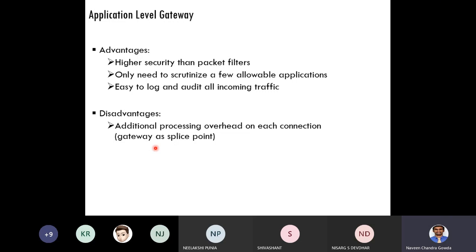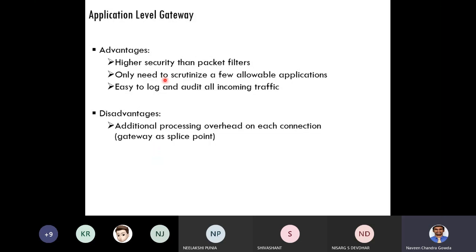So if you want to apply this application level firewall in the gateway, you will be increasing the functionality of that gateway. That's the disadvantage of this application level firewall, which is applied in the gateway or any end node of your network. This is the application level gateway.